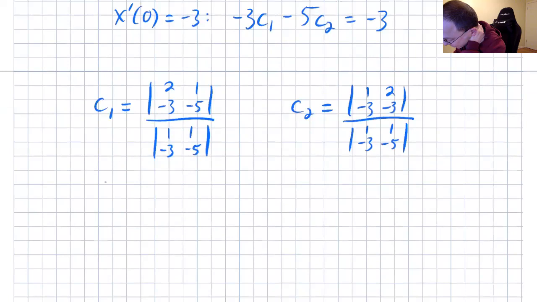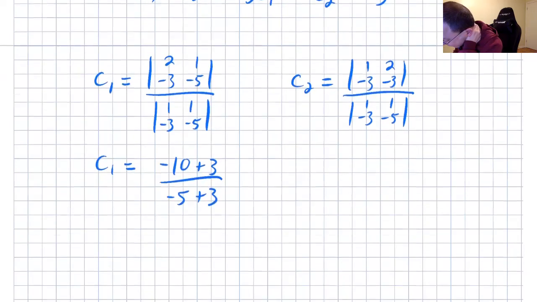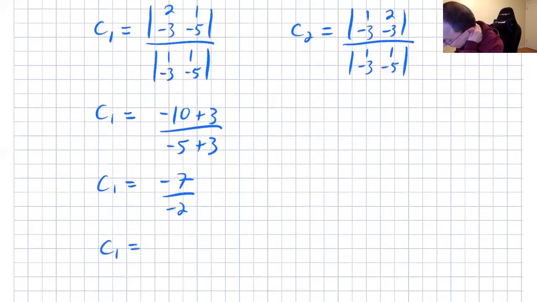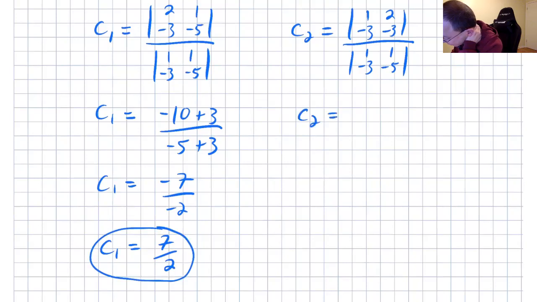So C1 is equal to minus 10 plus 3, and the denominator is minus 5 plus 3. So we get C1 is equal to minus 7 over minus 2, which is 7 over 2. Now the C2 term is going to be minus 3 plus 6 over minus 2.